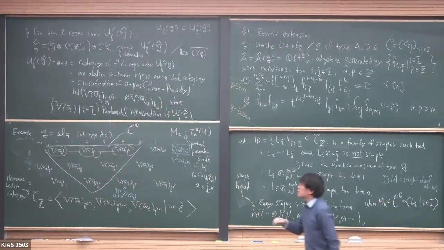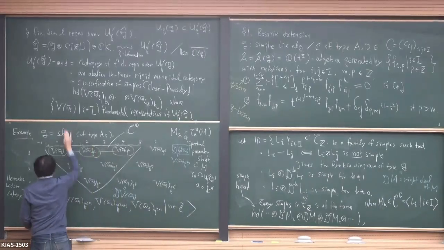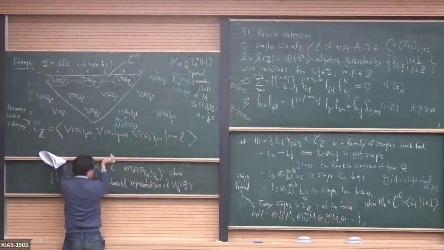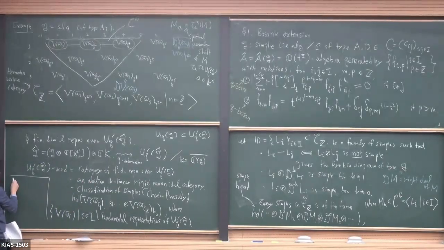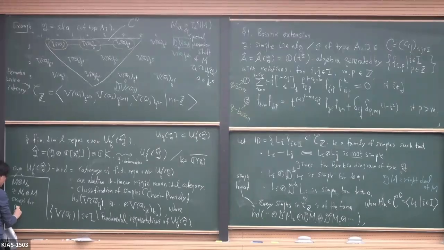Thank you, that's a very nice question. So what happens is the following. If we have two simple modules M and N, and I consider the spectral parameter shift here, then they are isomorphic except for finitely many x.